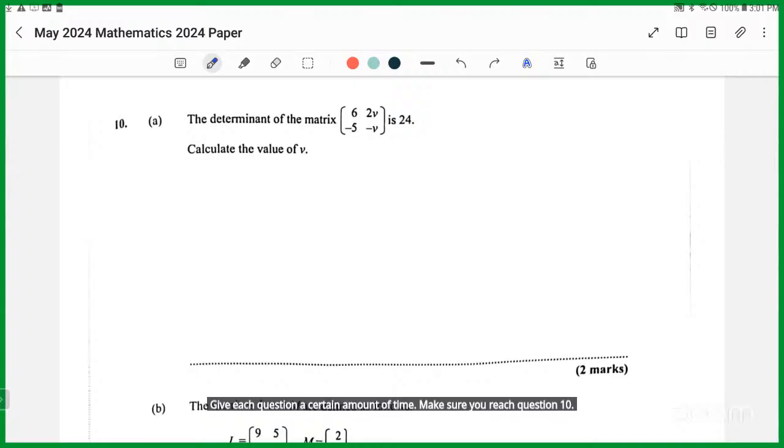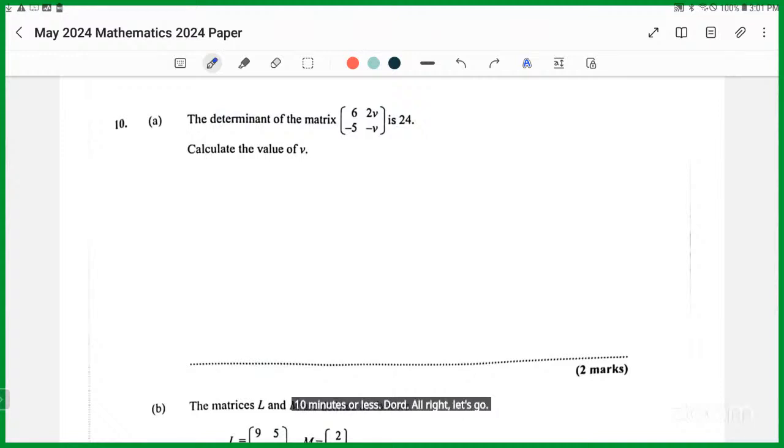Give each question the allotted amount of time that I told you. That way, you will be sure to give 20 minutes to section 2: 10 minutes for part A, 10 minutes for part B. Because question 10 is always two topics: matrices transformation and vectors. 10 minutes for the matrices transformation, 10 minutes for the vectors. Done. All right, let's go.